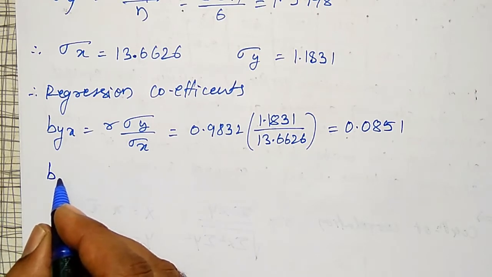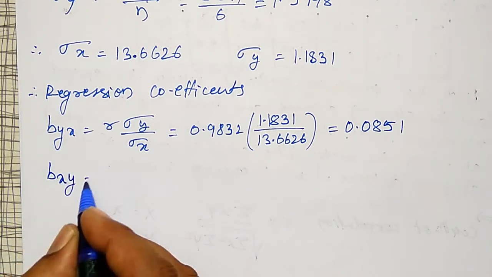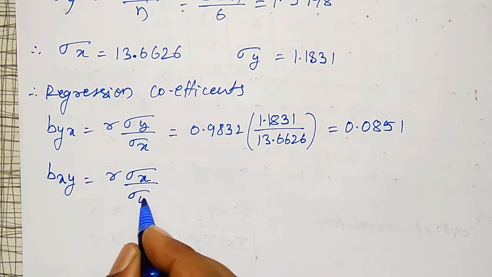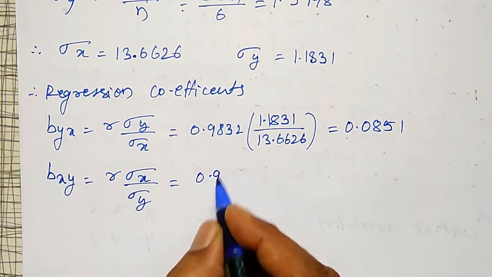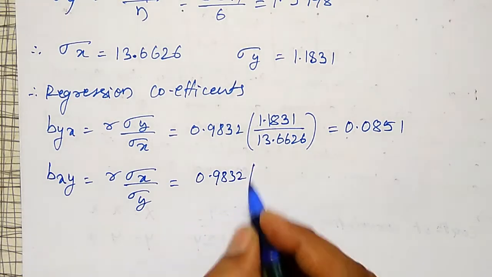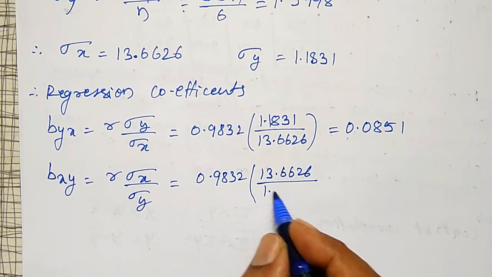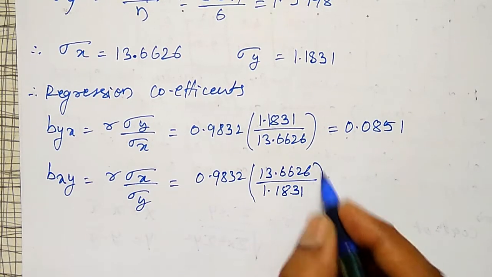Similarly, the regression coefficient bxy is given by r into sigma x divided by sigma y, that is 0.9832 into 13.6626 divided by 1.1831.